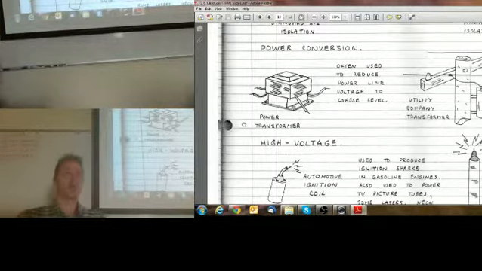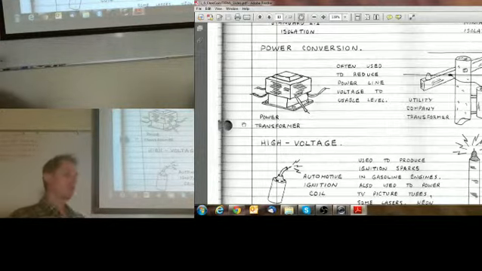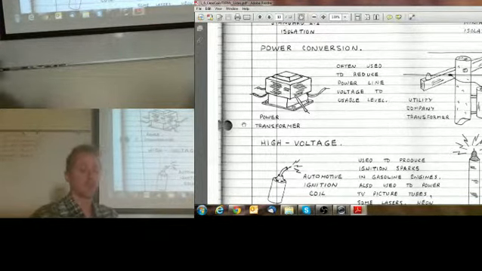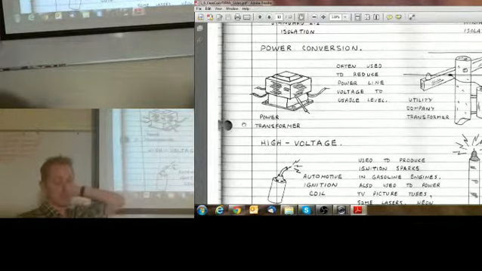If you pump up the voltage, the current goes down, if you have the same amount of power. That current through the line represented the loss. So if you pump up the voltage, your current goes down, which means your losses go down, which means you can transmit the signal a longer distance.